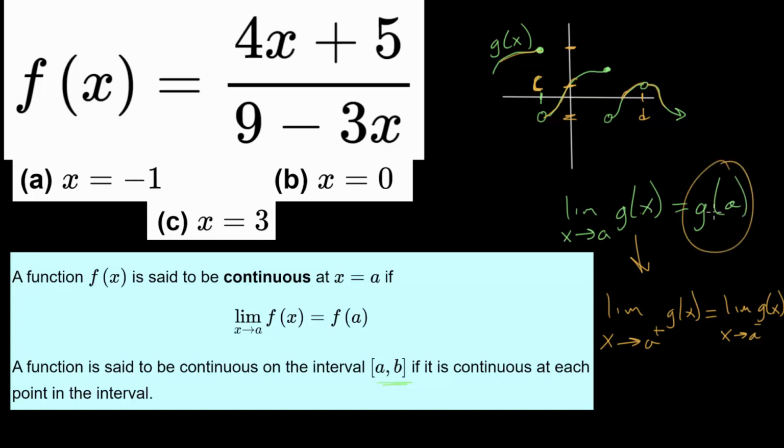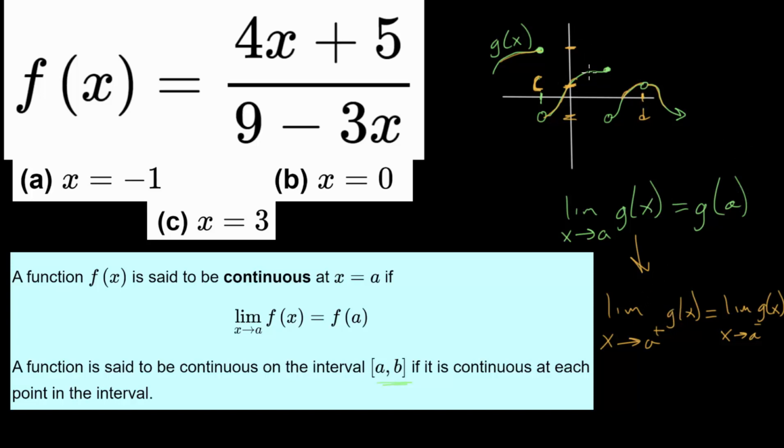So it's the right-hand side of this equation here that isn't working for us. If we plug in our value of d, we can see that it's not defined here. There is no y value assigned to an x value of d. So in this case, the limit does exist and it does equal whatever this y value is. However, the function is not defined there. So it is not continuous here.